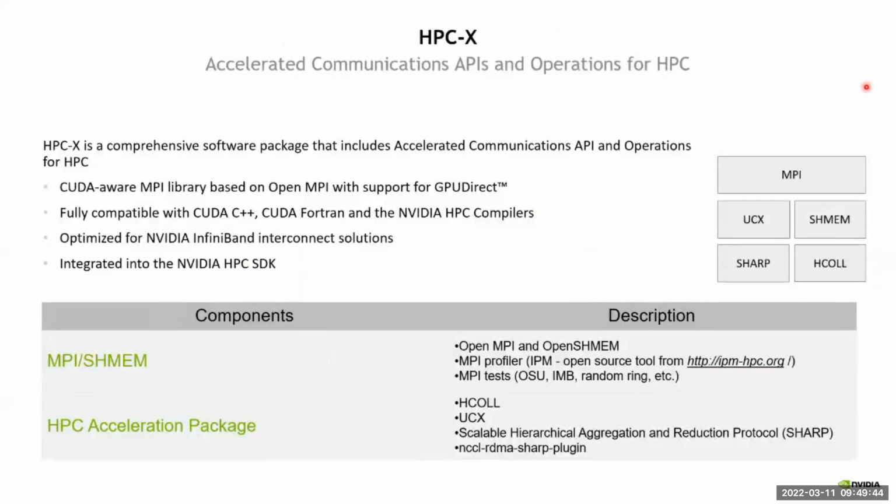So this comes as a package known as HPC-X, which is included in the HPC SDK. It provides native support for MPI and SHMEM using OpenMPI and OpenSHMEM, but also some accelerated packages such as UCX, HCOLL, and SHARP that can accelerate various operations by performing them on the network.